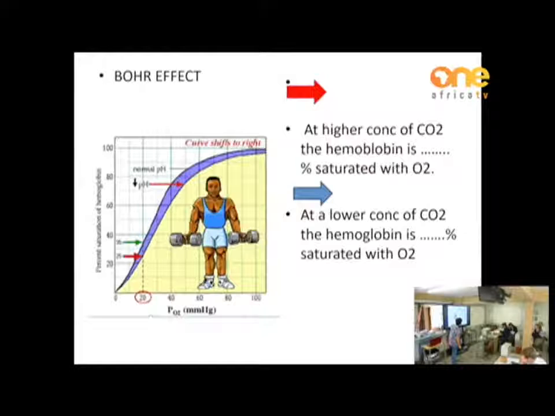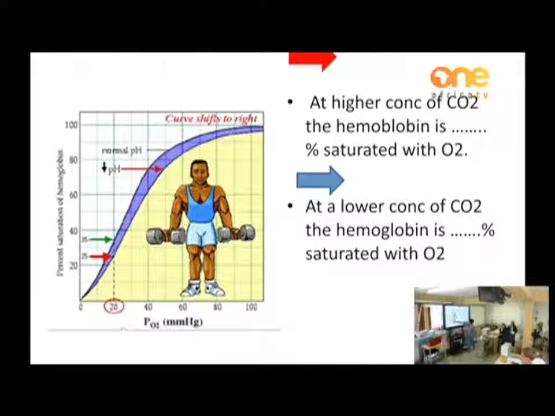So we can say at a higher concentration of carbon dioxide, at the blue arrow, hemoglobin is how much percent saturated? About 25% saturated with oxygen.